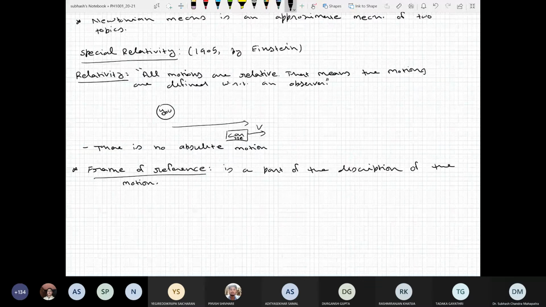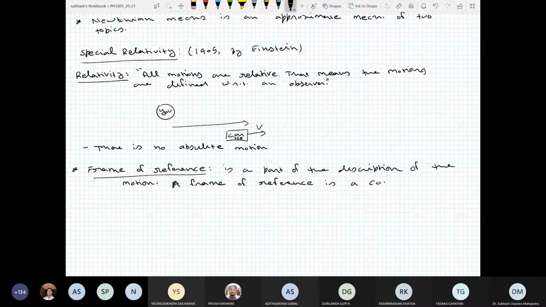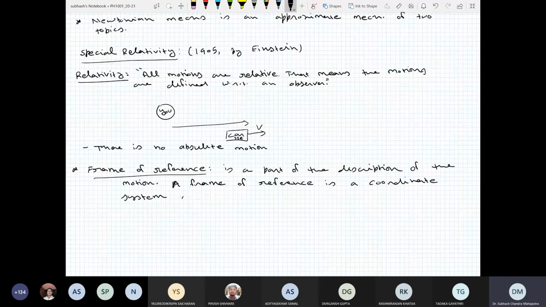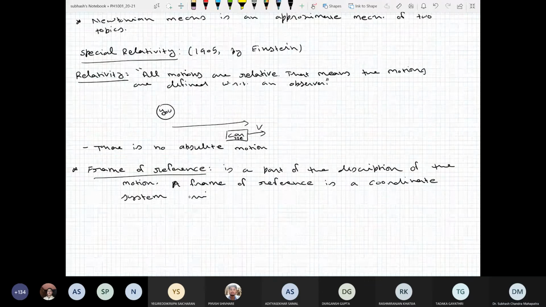Or you can say a frame of reference is a coordinate system with respect to which we make measurements.